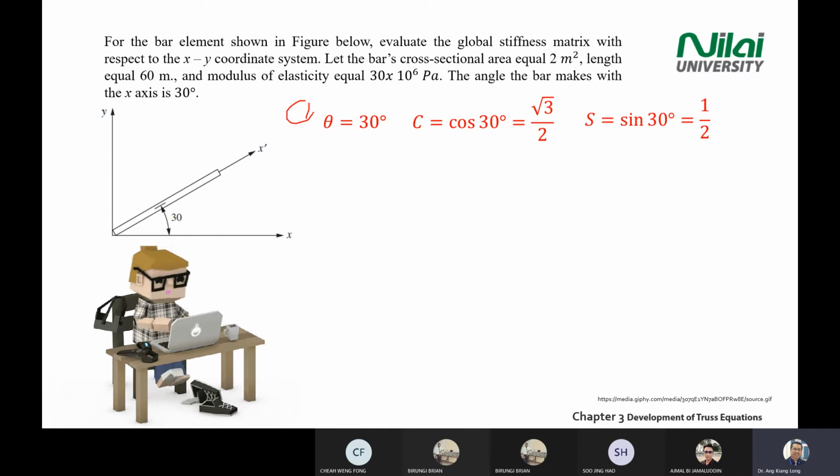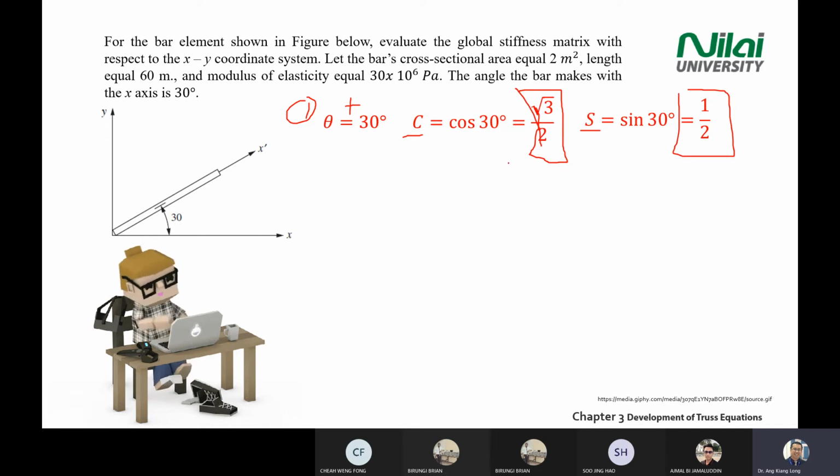First step, calculate what is your cos, what is your sine. Look at the degree, whether it's positive or negative. In this case, it's positive because it's anti-clockwise. Calculate the value by using your calculator. Cos 30 equals what? If you can, memorize the fraction number if you have a standard. If not, then go to 3 decimal places minimum.